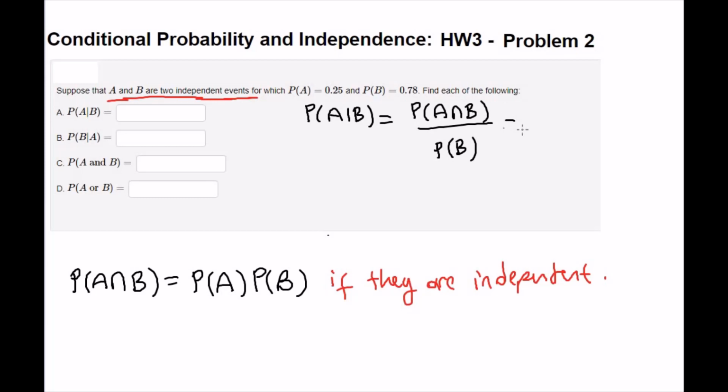So their intersection will be their product, which will be 0.25 times 0.78 all over probability of B, which is 0.78. And actually here you can see that probability of A given B is probability of A if they are independent.